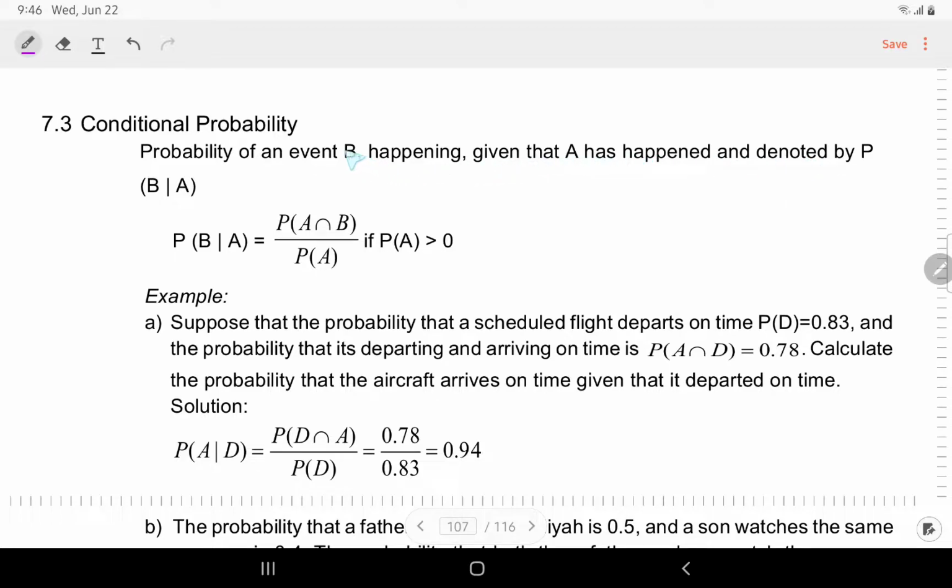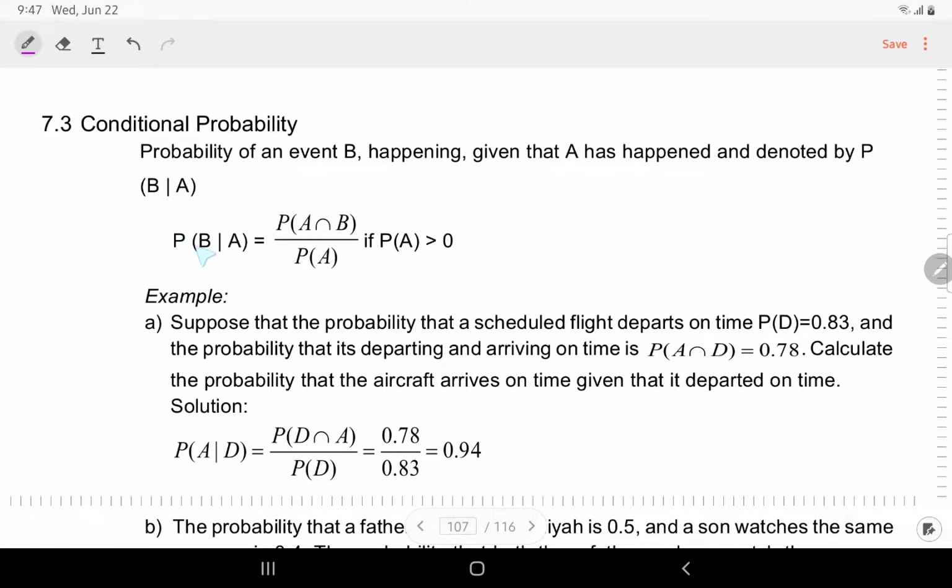Kita nak cari probability of event B, tapi event A dah berlaku. So notation dia adalah P(B|A), ada palang kat sini. P(B|A), maksudnya kita nak cari probability of event B given that A has happened.